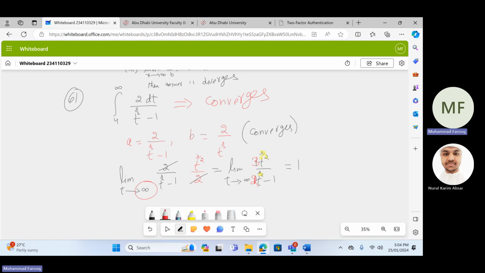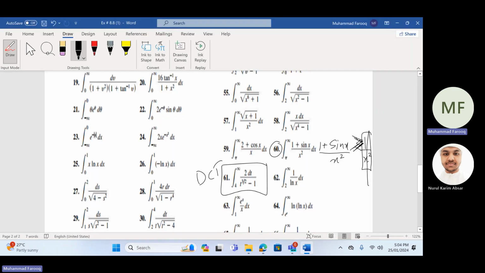Any number multiplied by x to the power 2 over x to the power 3 will equal 0. The power up is less than the power down, and the limit is at infinity, so it is 0. Okay, come on, we can perform a few more questions, please.